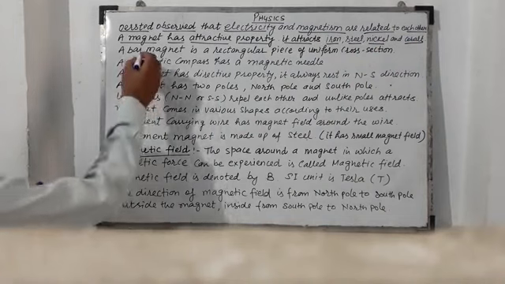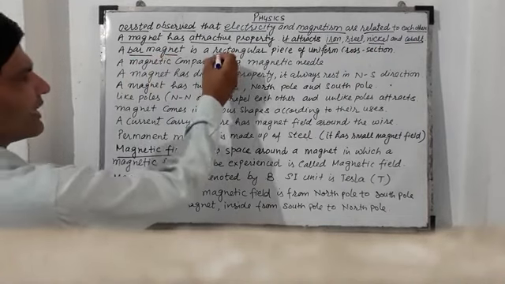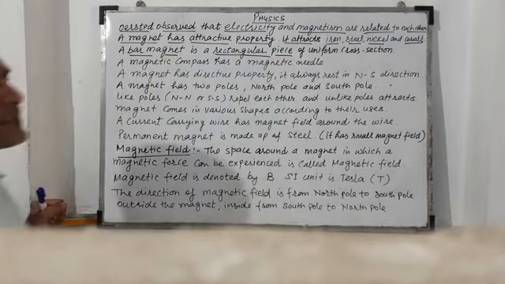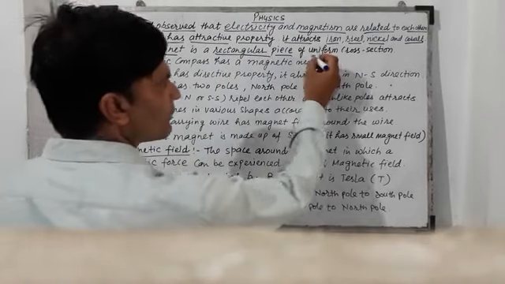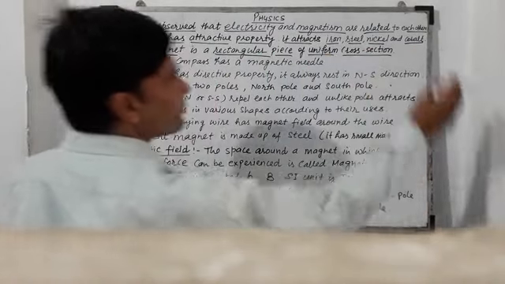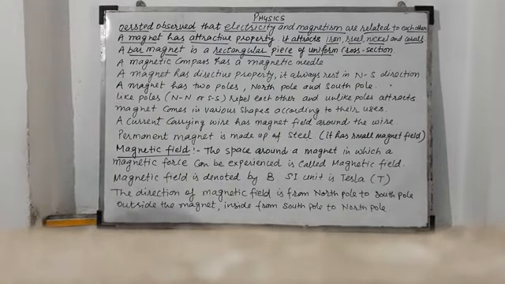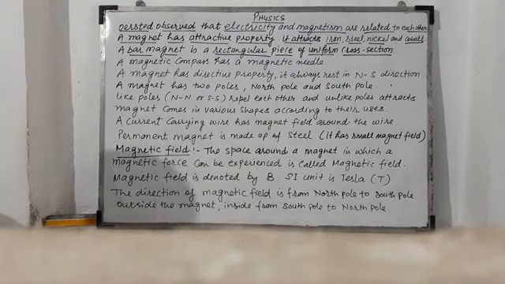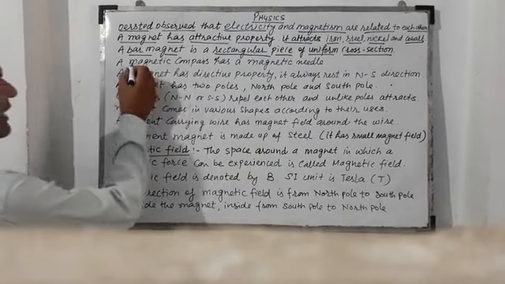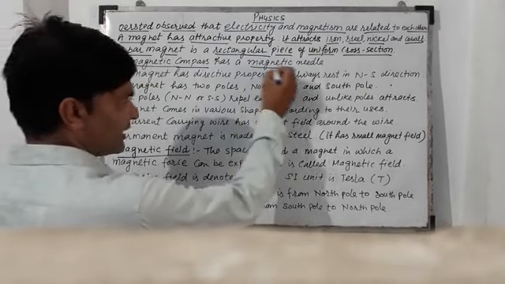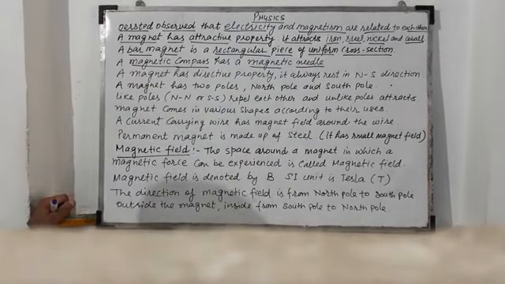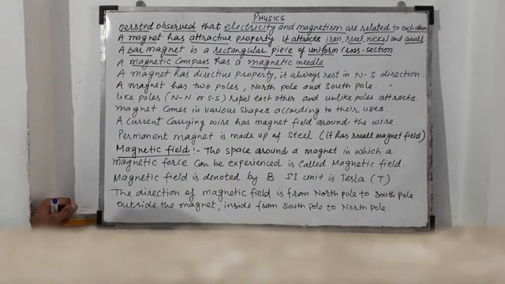A bar magnet is a rectangular piece of uniform cross section. The cross section is uniform. Now, a magnetic compass has a magnetic needle which gives the direction.